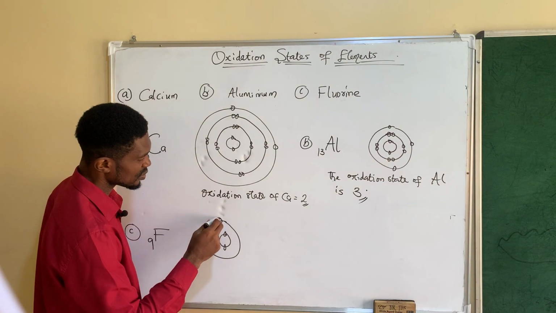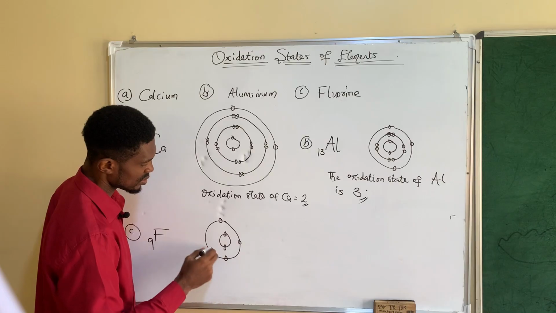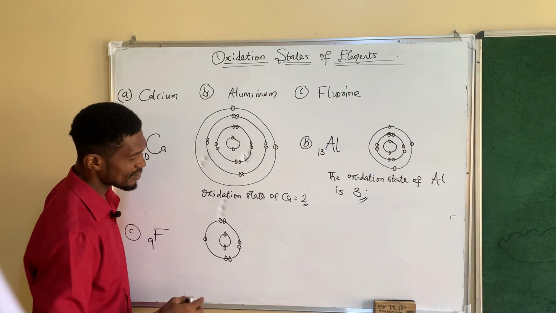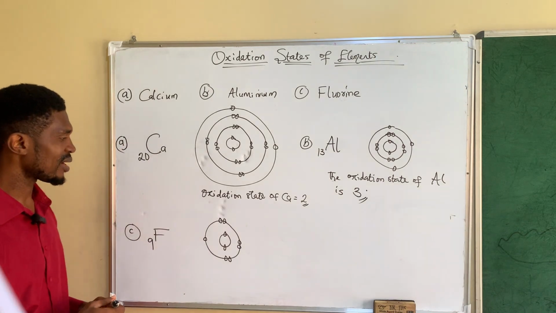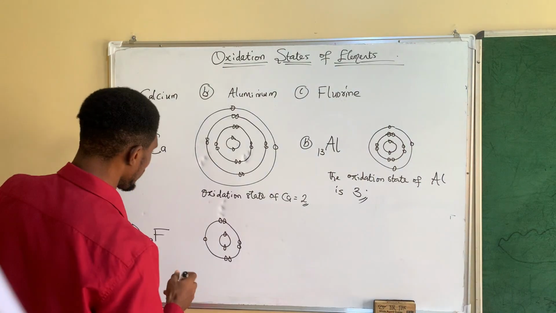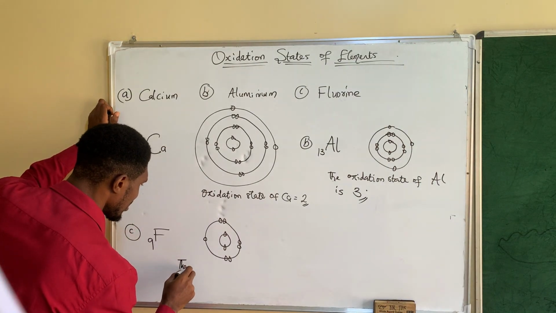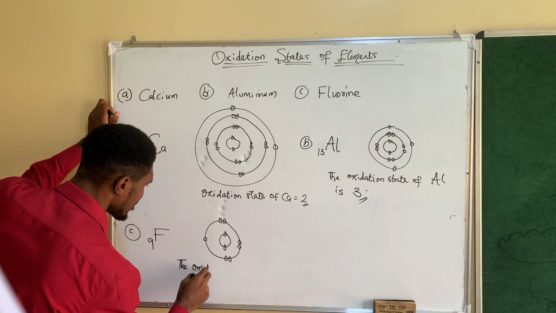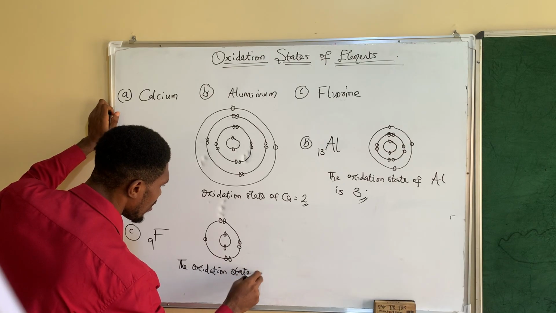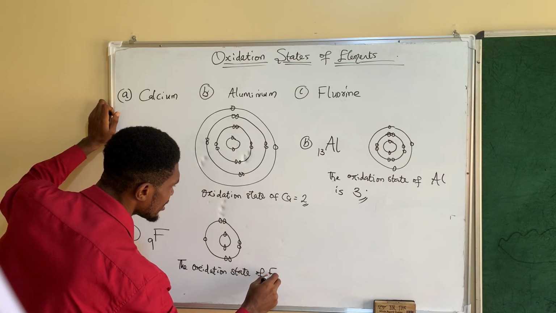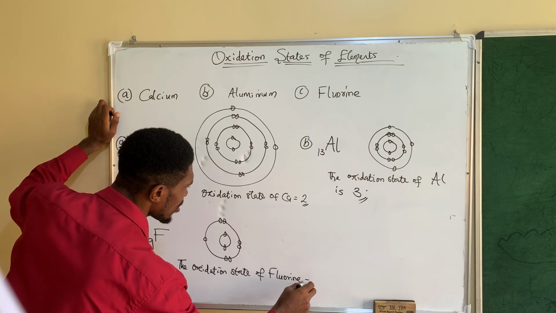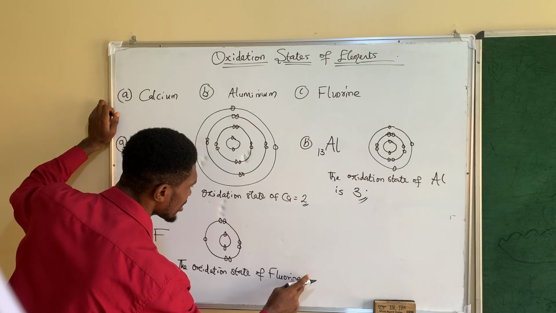So we draw 7 electrons: 4, 5, 6, 7. So it's complete now. So what is the oxidation state of fluorine?